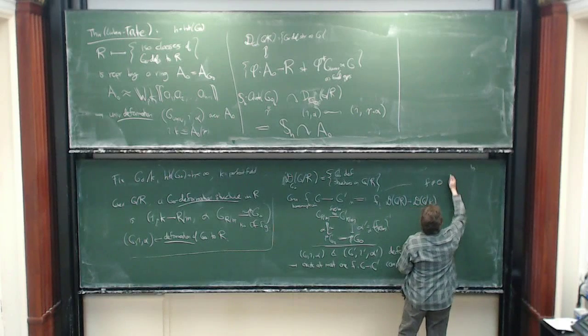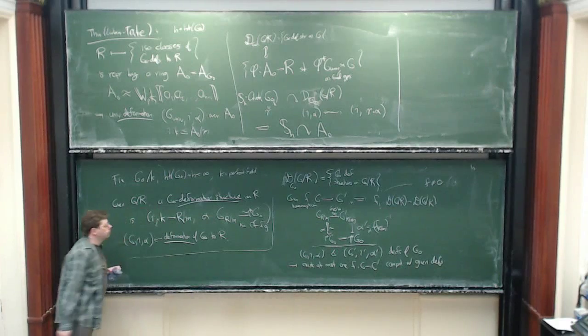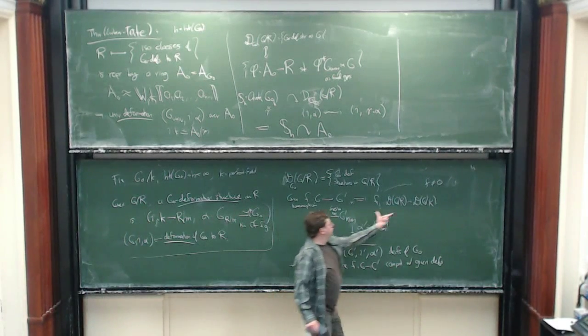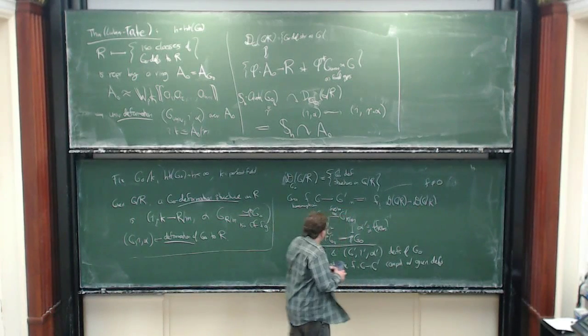I'm going to call this an isogeny, or let me just call it a homomorphism that's not 0. Come back to that later. Okay, so I'd like to have a way to push forward a deformation structure along a homomorphism.